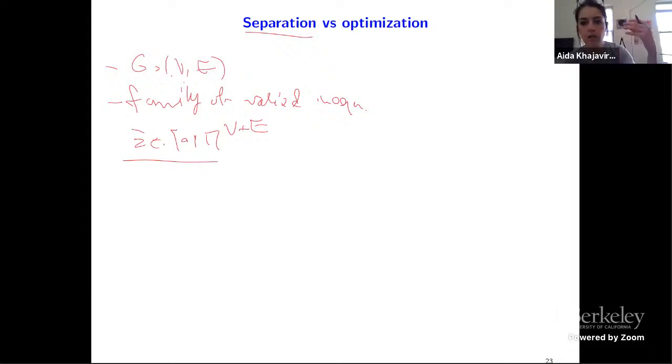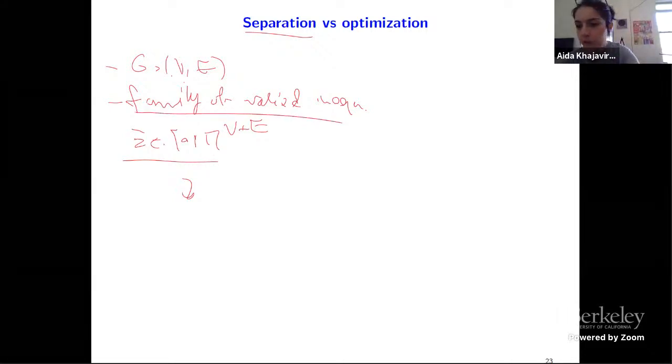So it's defined over a family of inequalities. You give a point. Does it satisfy them? If not, give me an inequality that is violated by it. What you can show is that if the separation problem can be solved in polynomial time, then the corresponding optimization problem, which is minimizing a linear function over those valid inequalities, can also be done in polynomial time. So the two things are kind of equivalent.